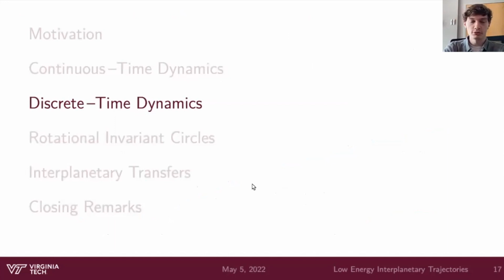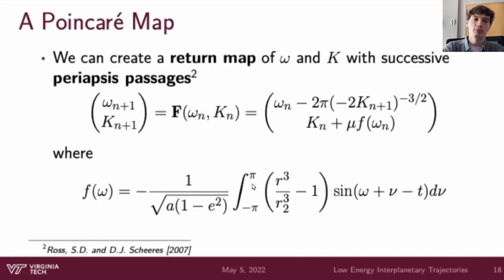So in order to analyze these types of behaviors, we're going to switch from continuous time into discrete time by defining a Poincare section for the particle along its apses. So in this case, we write what's called the Keplerian map. And what it's essentially doing is updating the orbital elements of the particle along successive periapse passages.